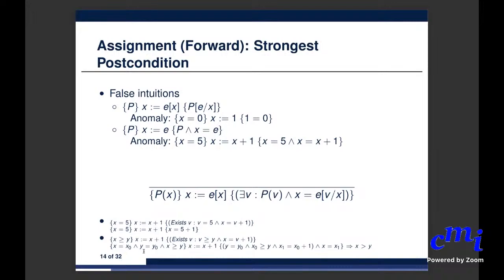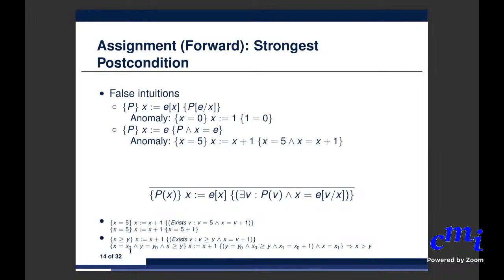Another way, if you want to eliminate the existential quantification, you can introduce what are called ghost variables. If you introduce certain logical variables that denote the initial values, the values for every variable in the pre-state, that's what x naught and y naught are.